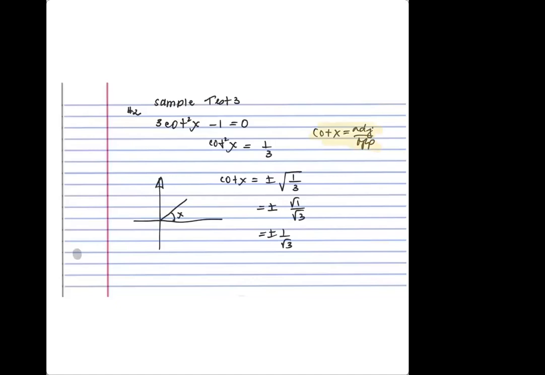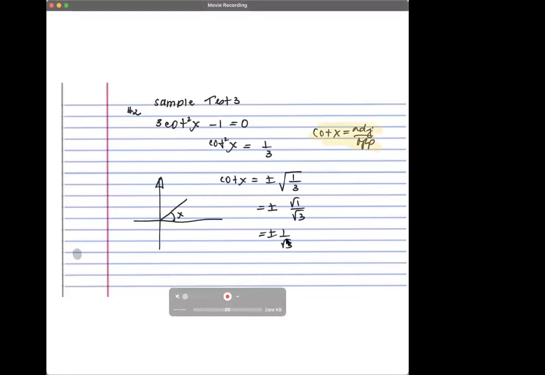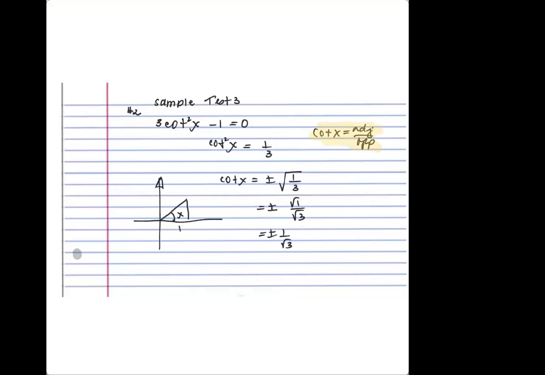So we want the adjacent side and the opposite side to be 1 and positive root 3. So the adjacent side would be 1 and the opposite positive root 3. Or that can also happen when I'm in the third quadrant, where I have -1 and minus root 3.